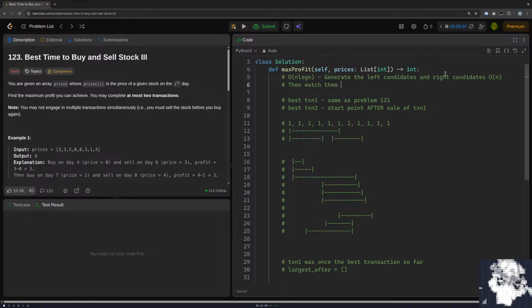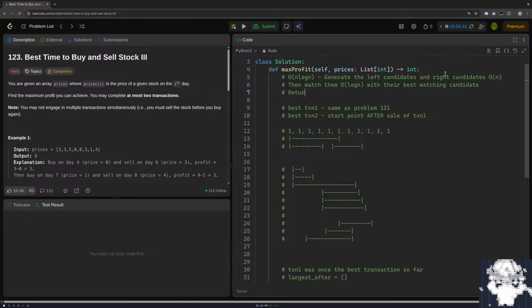Then match them, O(log n) each, with their best matching candidate, and return the most profitable.